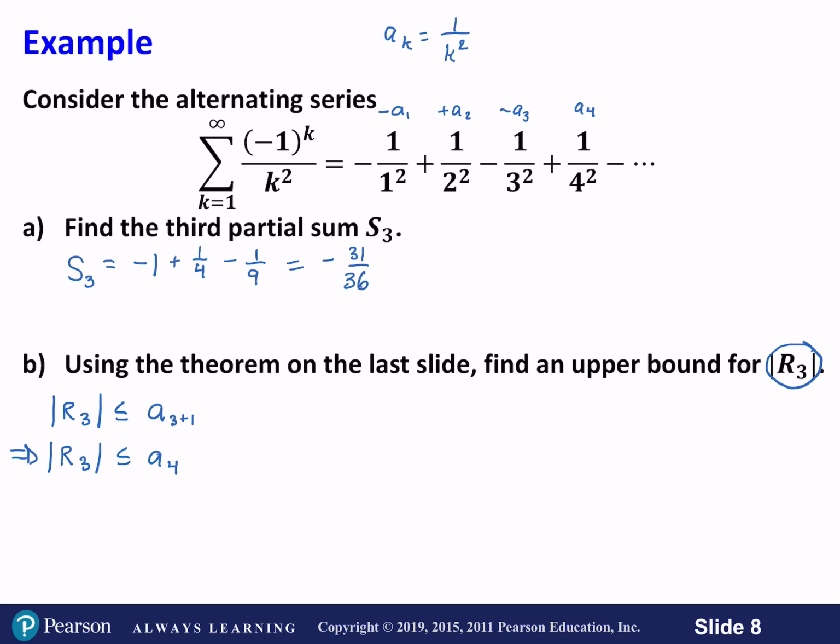If Ak is equal to 1 over k squared, then A4 is just 1 over 4 squared, which in this case is just 1/16. So the remainder, R3, is less than or equal to 1/16.